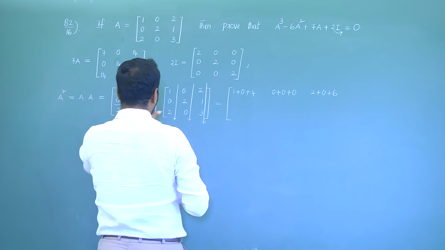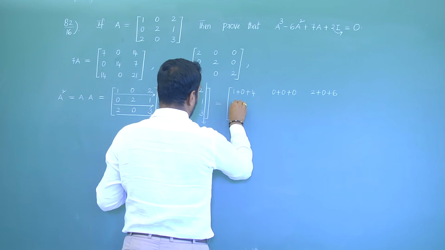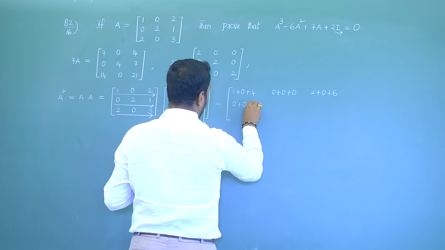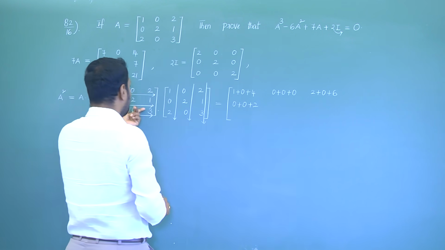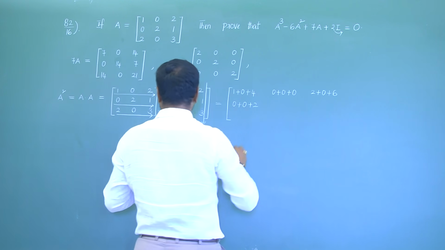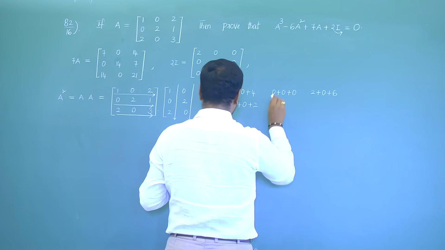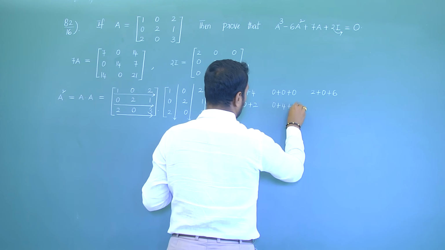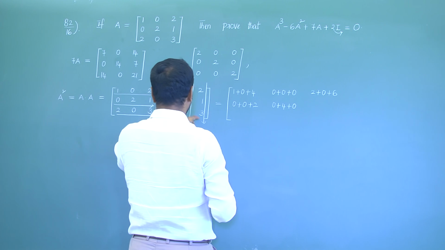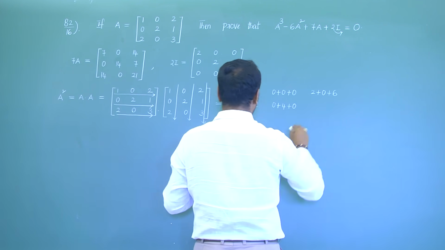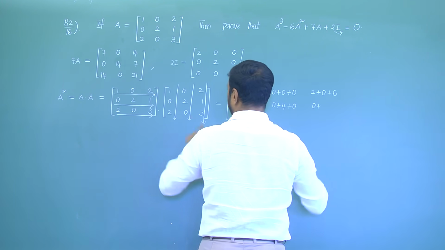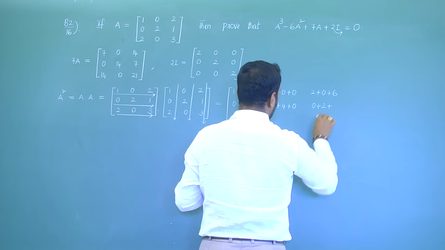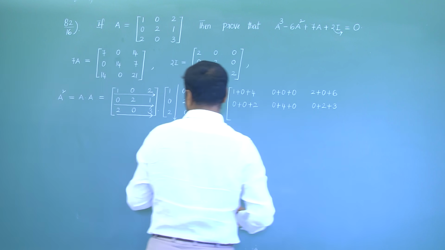Next, second row, first column: 0 into 1 plus 2 into 0 plus 1 into 2. Second row, second column: 0 into 0 plus 2 into 2 plus 1 into 0. Second row, third column: 0 into 2, 0 plus 2 into 1, 2 plus 1 into 3, 3.